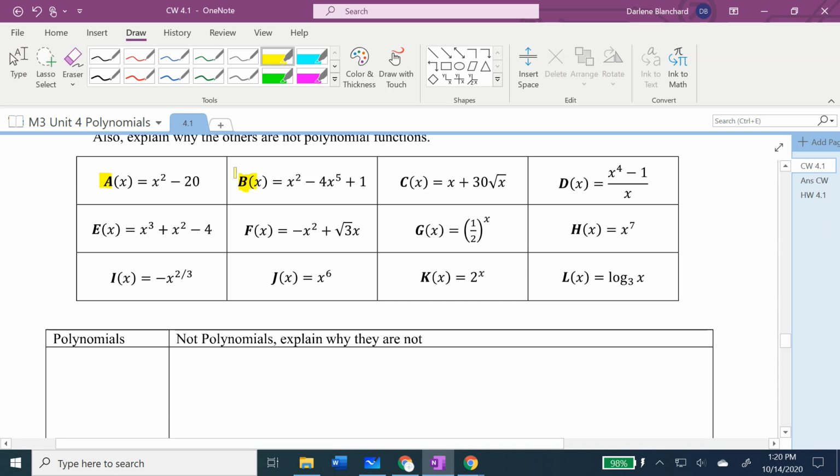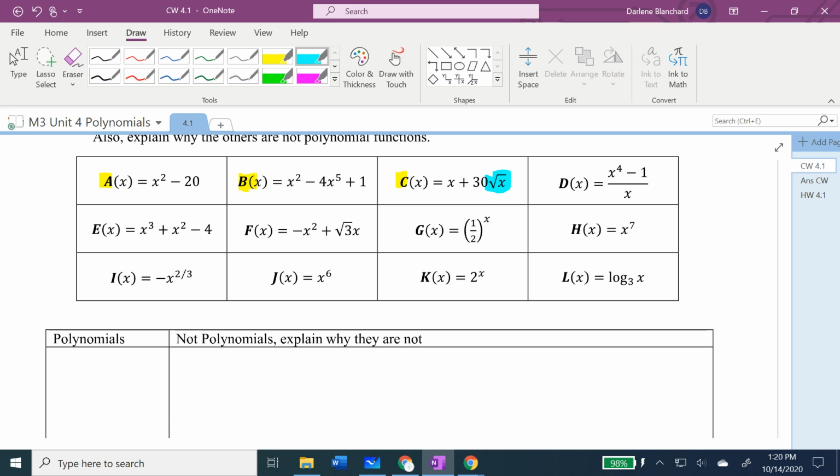Do you believe B to be a polynomial? Yes, B is a polynomial. What about C? C is not a polynomial because you have root x. Root x is x to the 1/2 power. The exponents are only allowed to be 0, 1, 2, 3, 4, 5. It's out. What about D?